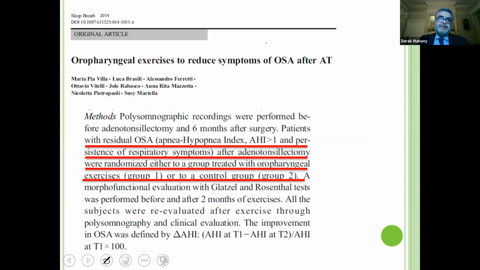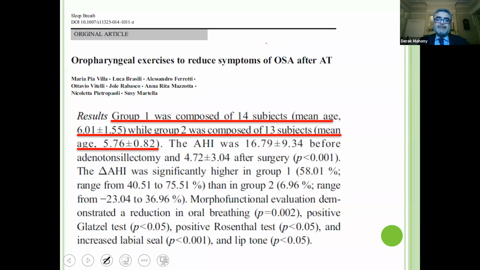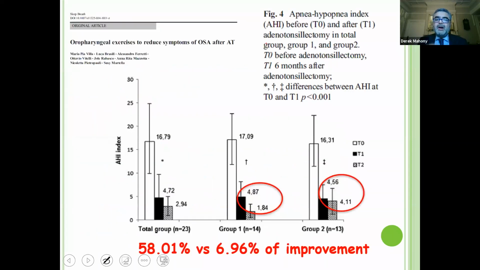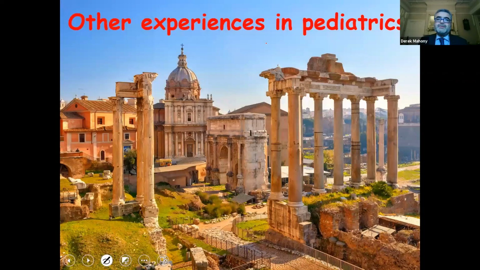And in this paper, she shows that when you looked at kids who had a persistence of airway problems after they had adenoids and tonsils, and one did nothing and the other did these exercises, the group that did the exercises had a significantly higher reduction, which is like 58% versus 7%, right? So lots of those papers for you to read.